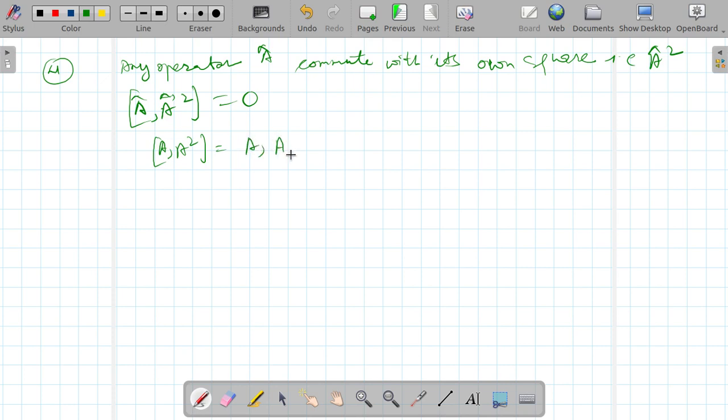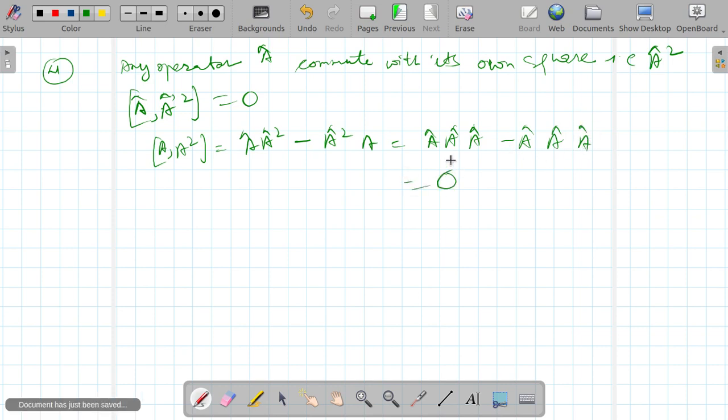A times A square minus A square times A, and it can be written as A cubed minus A cubed, and all look identical, so that means the result will be 0.